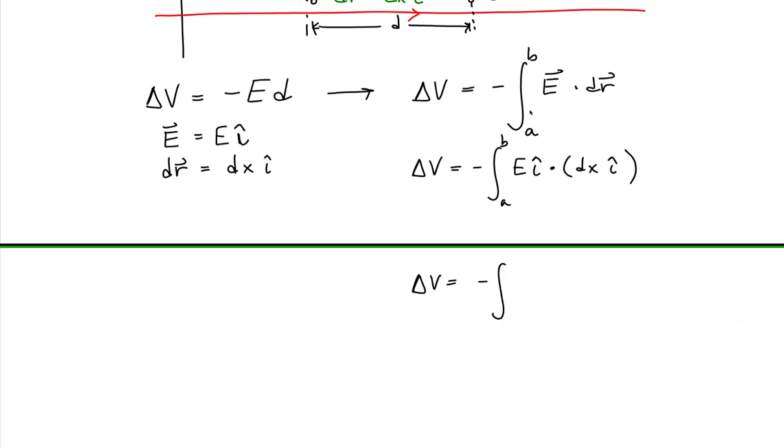This is E dx times the dot product between i hat with itself. I hat being a unit vector and having a magnitude of 1, when we take the dot product of it with itself, we end up with the value of 1.